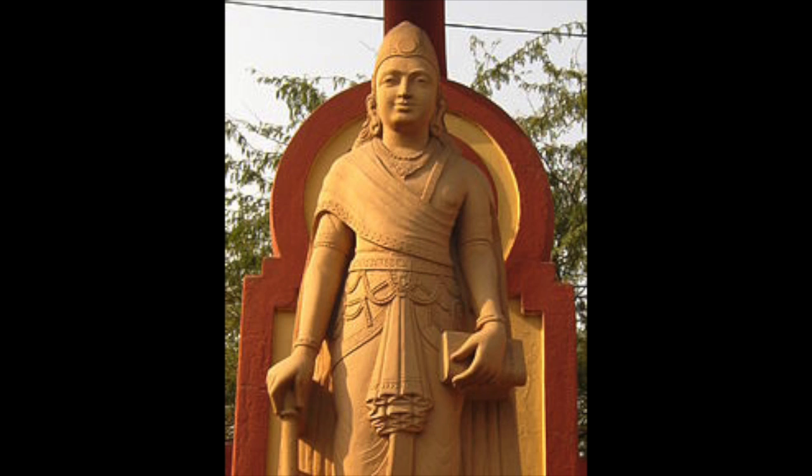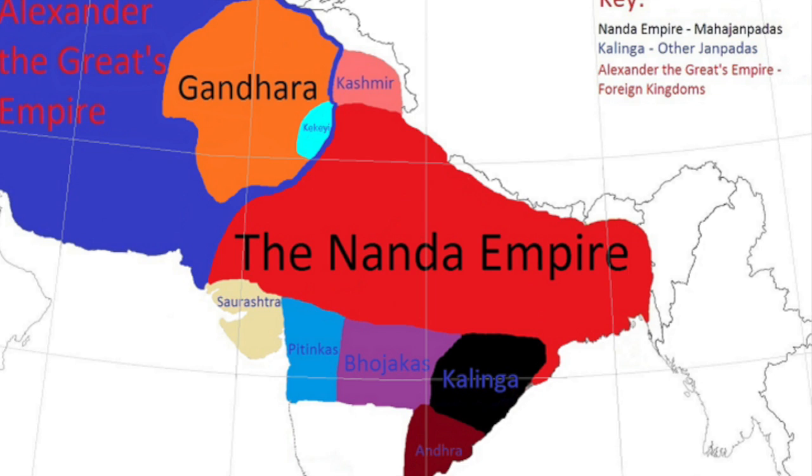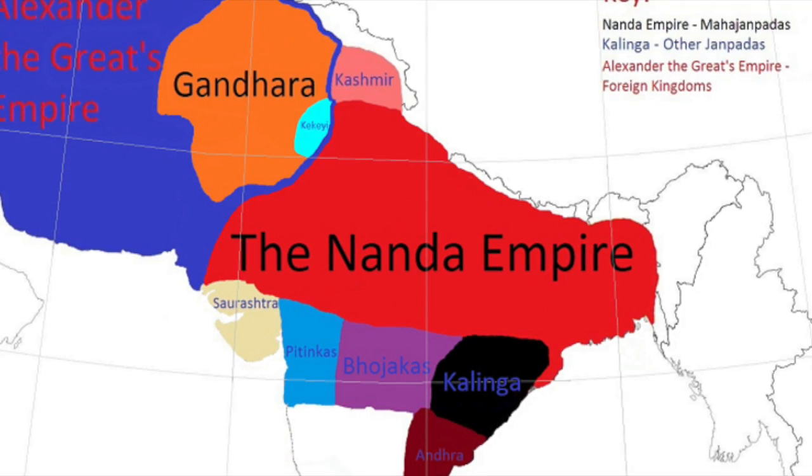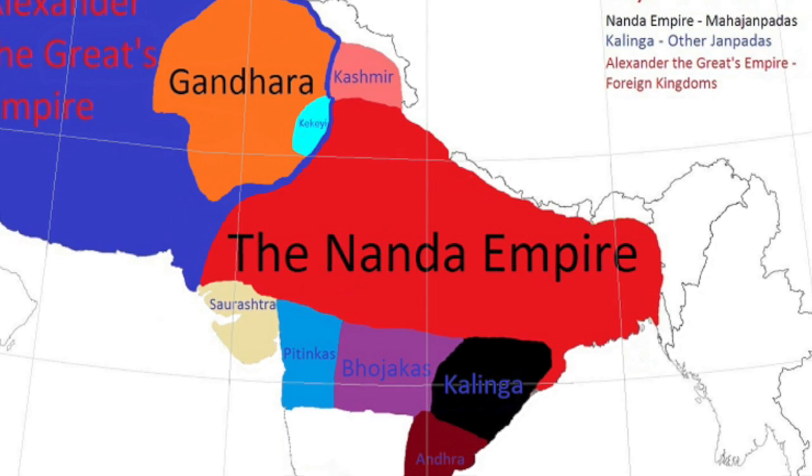Quite a big number of them wanted him to be overthrown. That's why they supported Chandragupta's army instead. And in 322 BC, Chandragupta Maurya led his army outside Patliputra, which was the capital of the Nanda Empire.